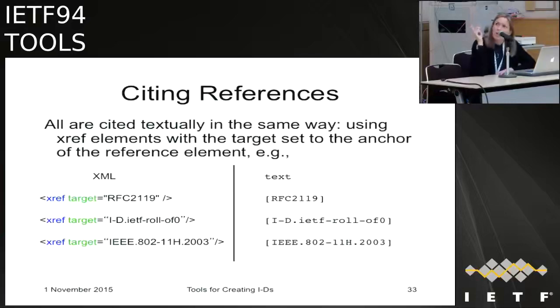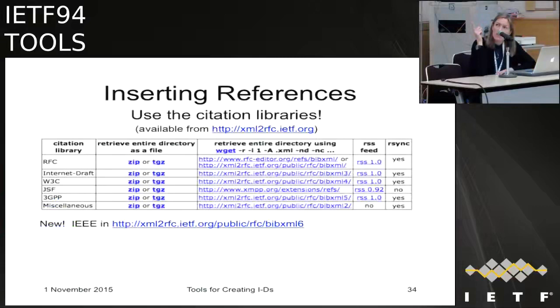So this is a screenshot from XML to RFC webpage. If you scroll down on that page below the converter, it lists the citation libraries that are available. Some people maintain a copy locally, but there's no need to do that, in the sense that if you're using the online converter, it recognizes the names and it'll pull the reference information from these libraries.